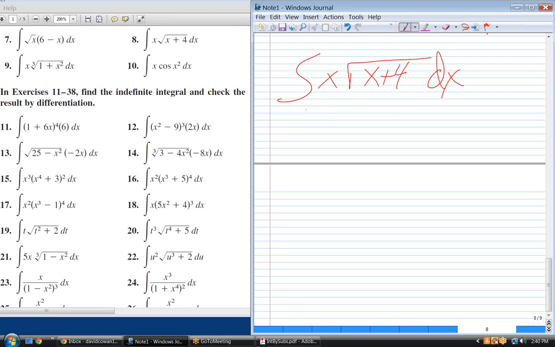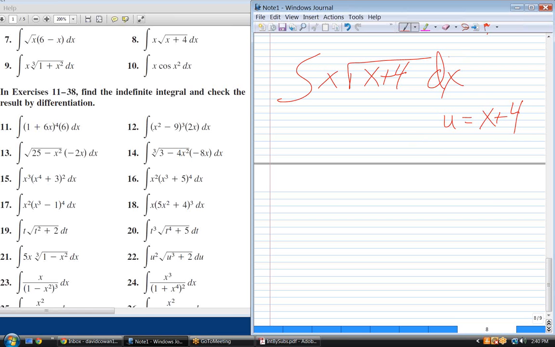I have no way to distribute this. I can't multiply x times the square root of x plus 4. So how to do this? Well, it's very similar. You let u equal the same thing you would have let it equal. It's just going to work out a little different.